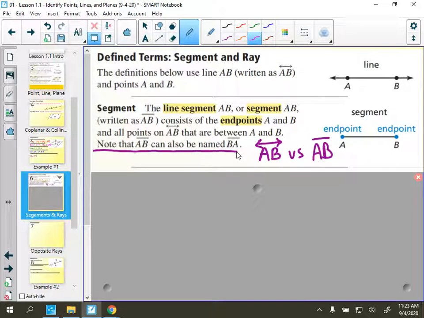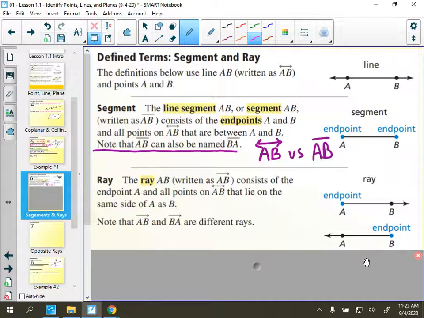The difference in abbreviation is literally some arrowheads, but we're talking about two different things. We're talking about an infinitely long line forever in both directions versus a very discrete, measurable piece of that line, segment AB. So you've got to be really careful with what you're referring to when you're talking about those symbols.